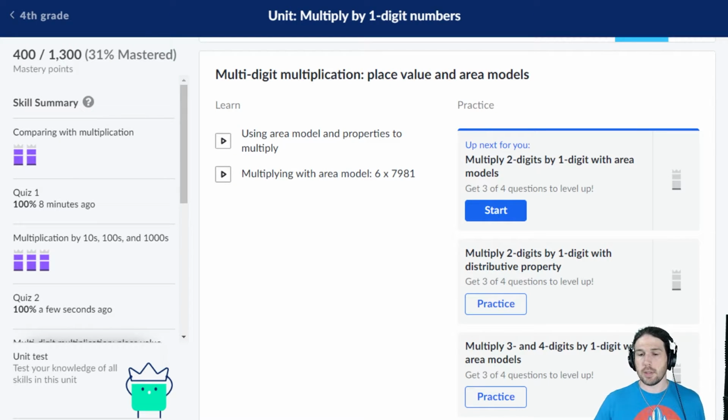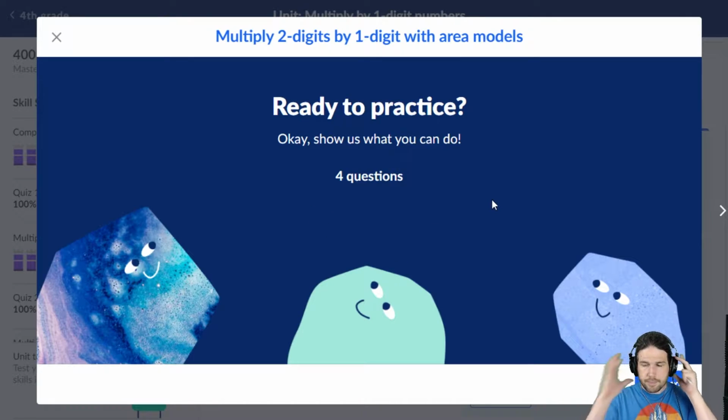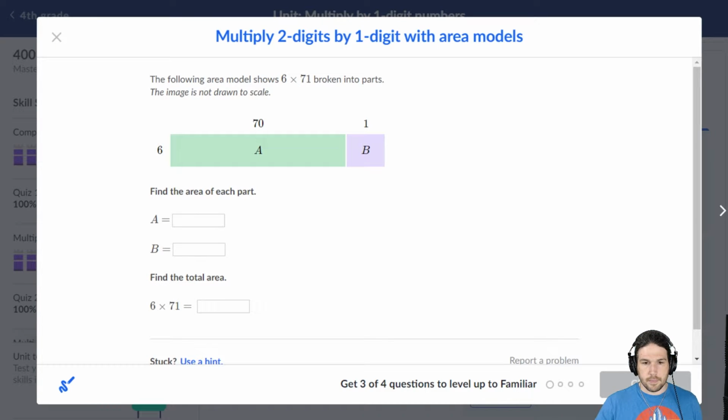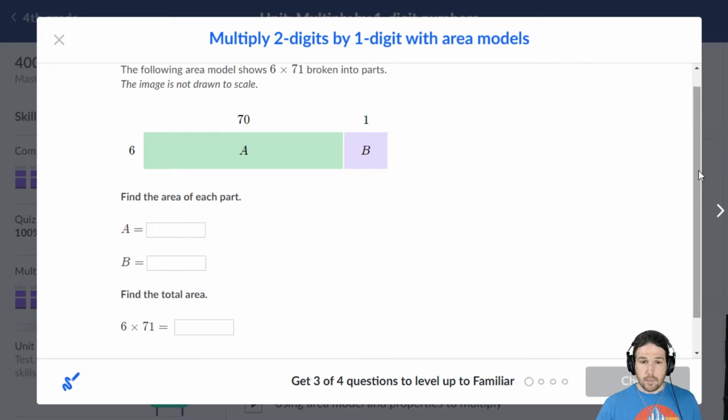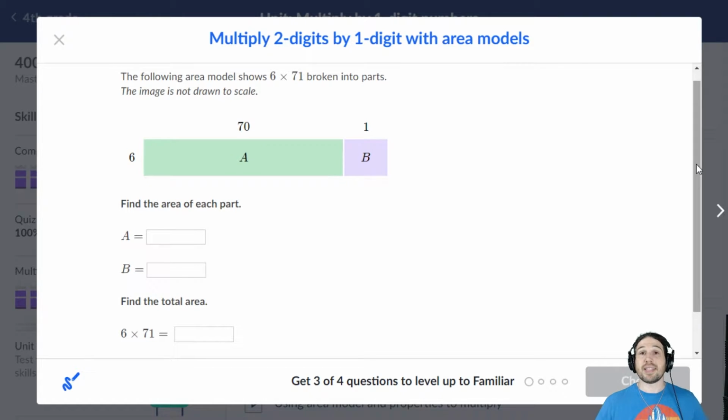to swallow, okay? So multiply 2 digits by 1 digit with area models. Let's take a look. So what an area model is, we are acknowledging that 71 is 70 plus 1. Right? 71 is 70 plus 1.